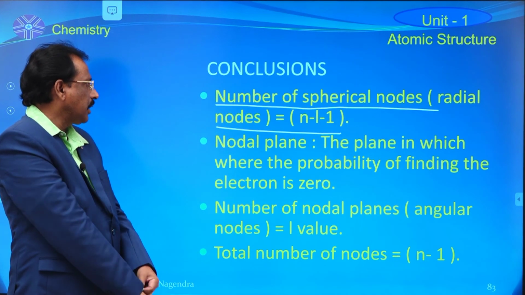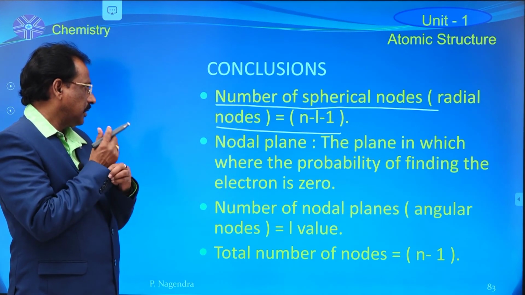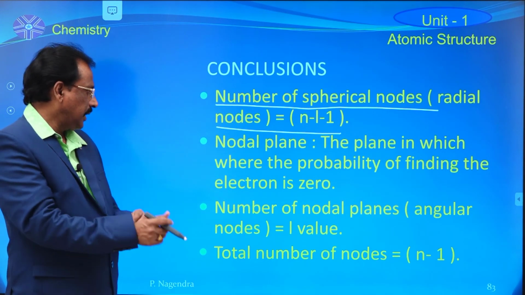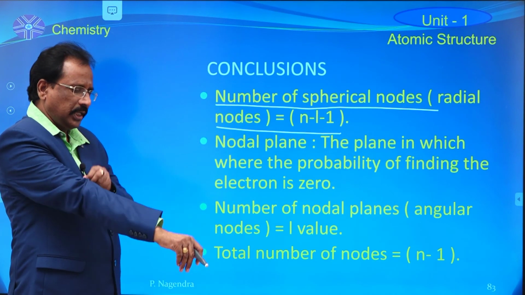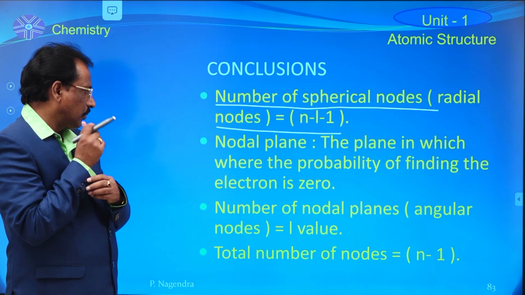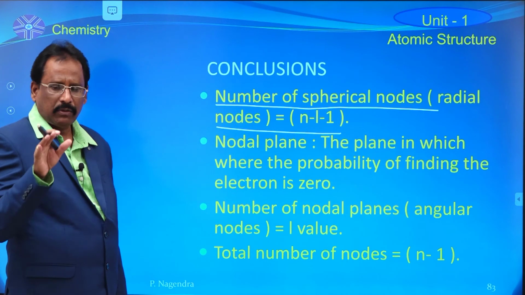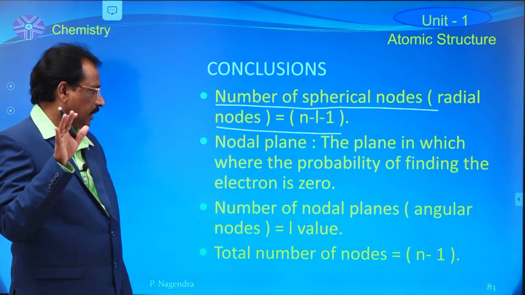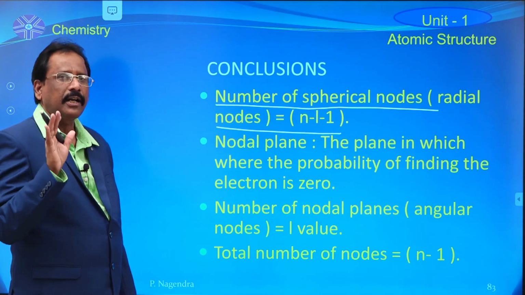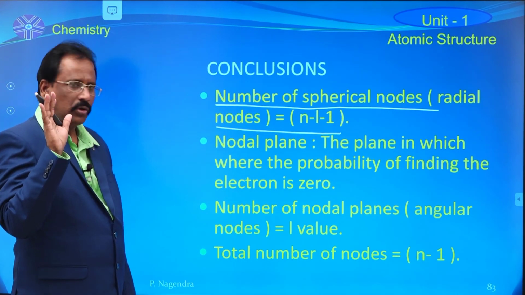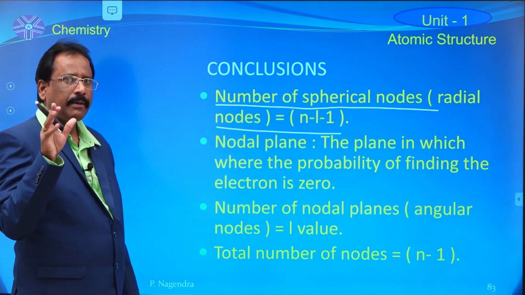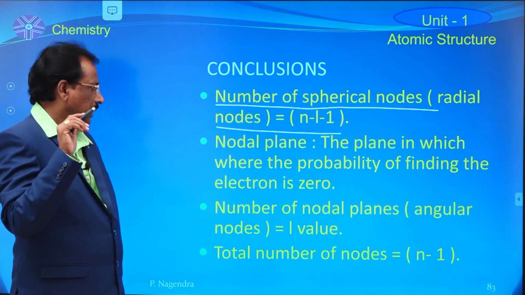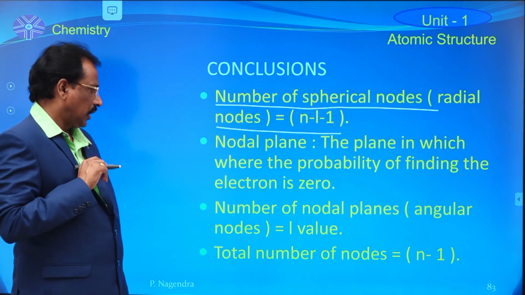Similarly, the number of nodal planes, another name is angular nodes, is equal to the azimuthal quantum number value l. That's why for s orbital there is no nodal plane, for p orbital one nodal plane, d orbital two nodal planes, and f orbital three nodal planes.